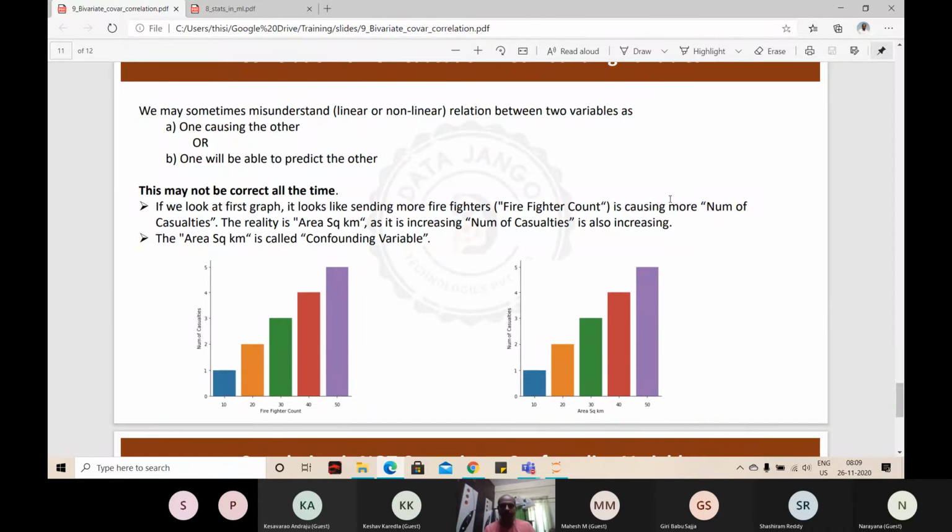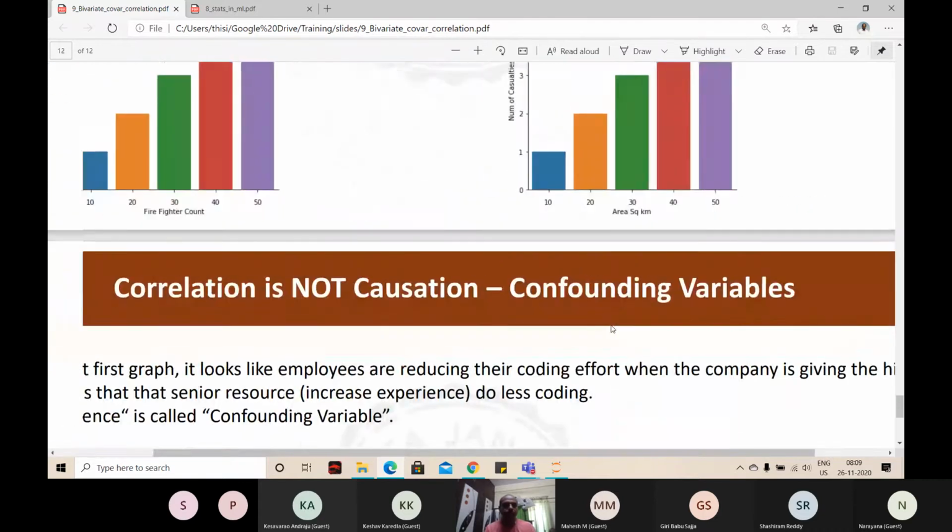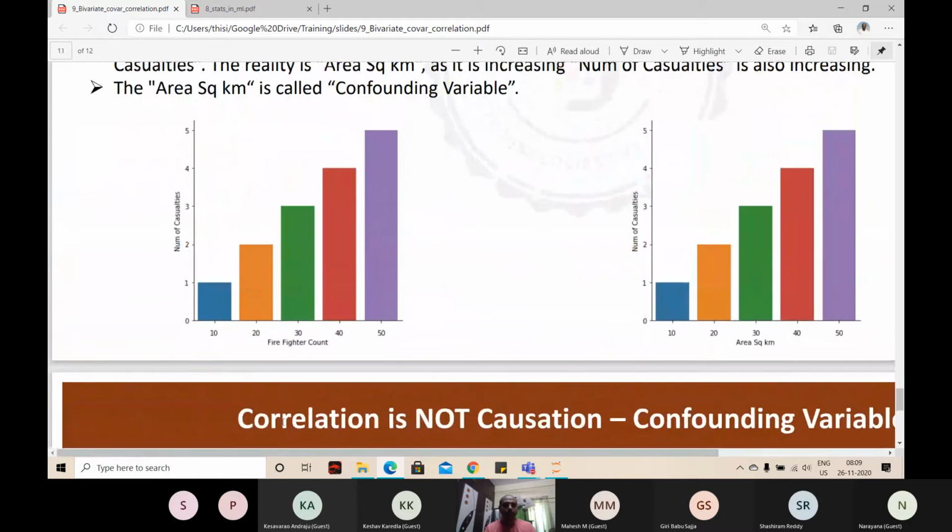Let me expand this. On the x-axis, I have taken firefighter count. On the y-axis, I have taken number of casualties. If you look at this graph, what is the inference you are getting? Number of firefighters on the x-axis and number of casualties on the y-axis.